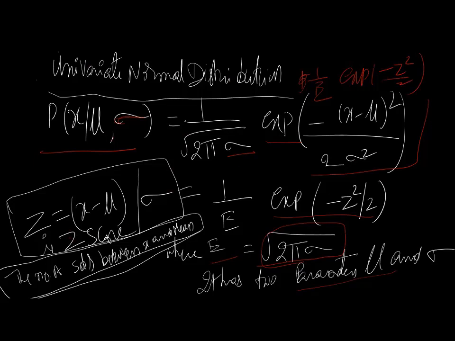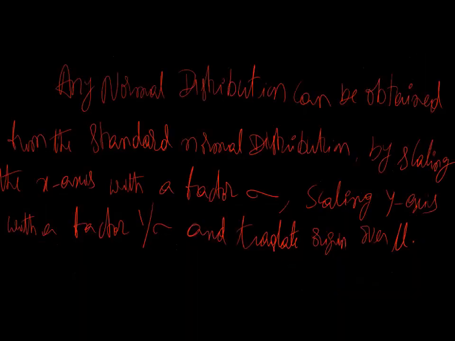We all know z is x minus mu by rho, called the Z score. The number of standard deviations between x and the mean is nothing but the Z score. So the final univariate normal distribution formula would be 1 by A into e power minus z square by 2.